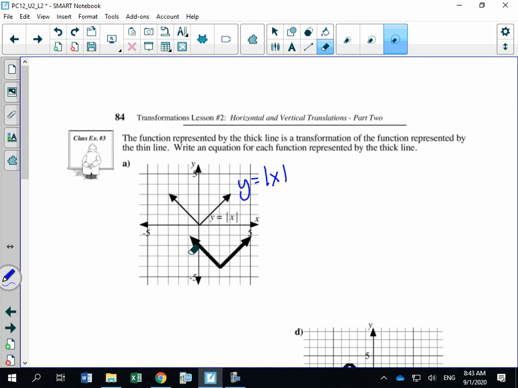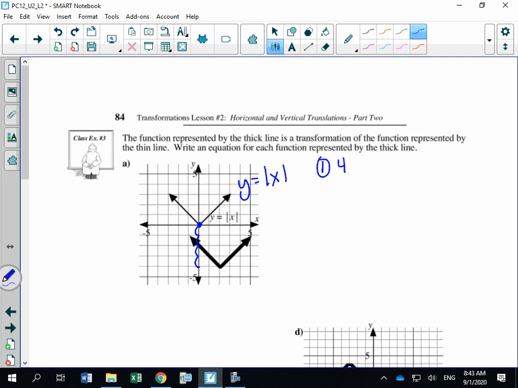Then it's going to undergo two transformations actually to get translated down and to the right. So let's figure out what the transformations are. So I'm going to use this vertex as my point, and this vertex goes 1, 2, 3, 4 down.